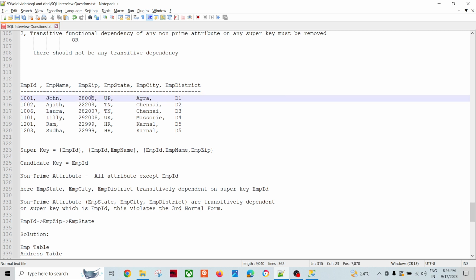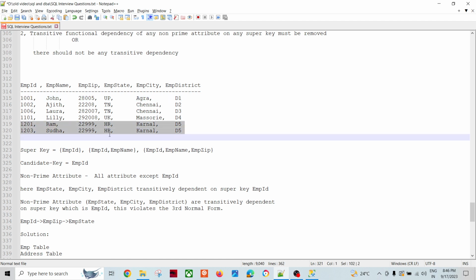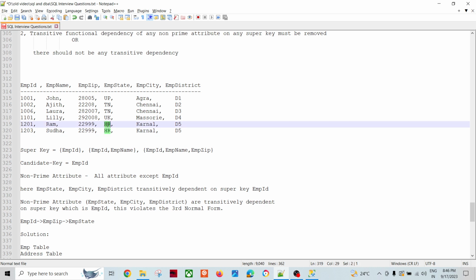Employee state can be determined by the employee zip, and employee zip is determined by the employee ID, right? So if I look at these records, there are same states. If I look at the HR, I can say that this employee zip belongs to HR.